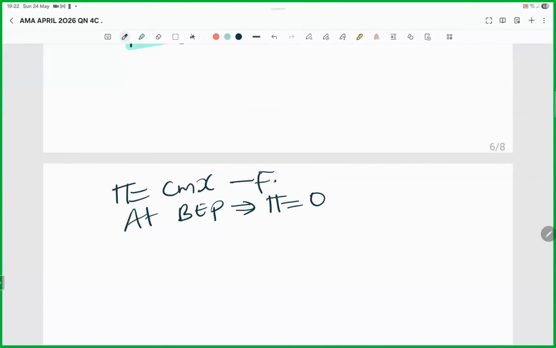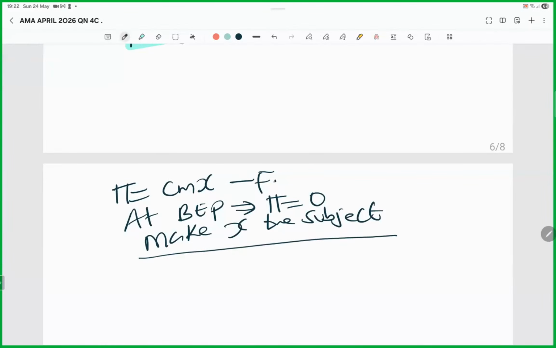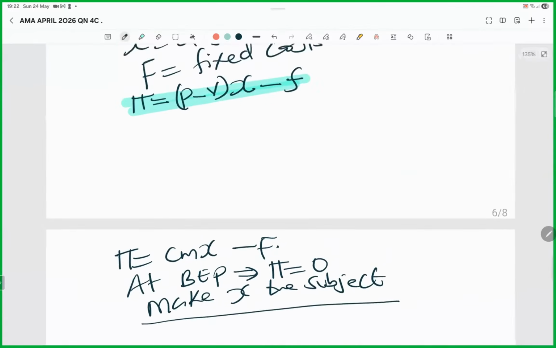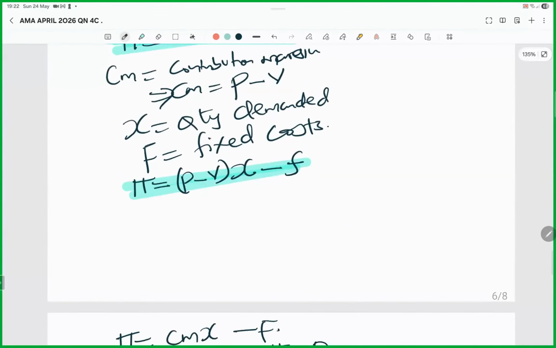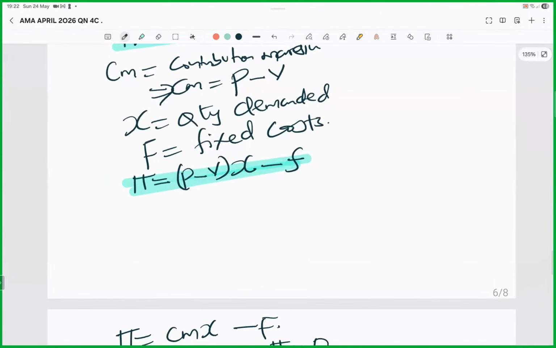So I want us to get the break-even point quantity. So please make X the subject of the formula. Jennifer, there.